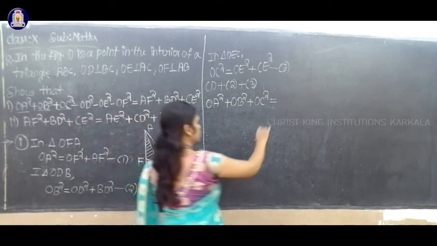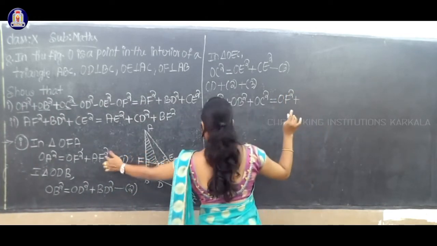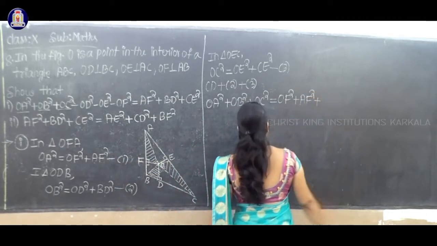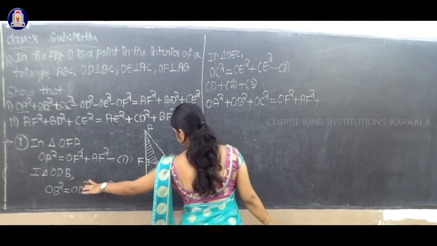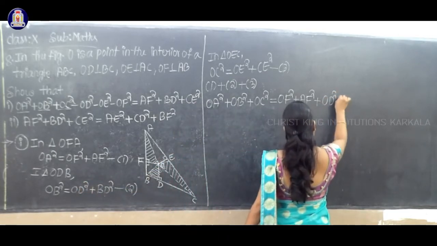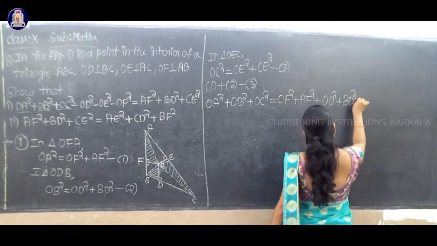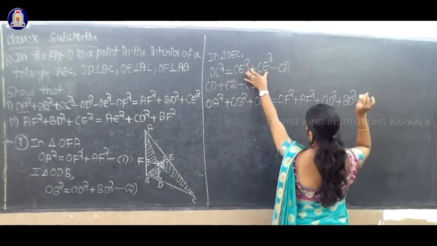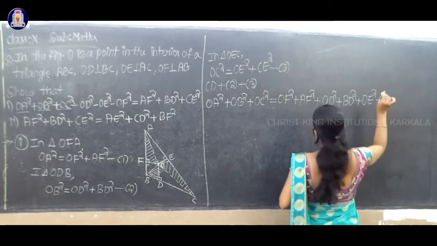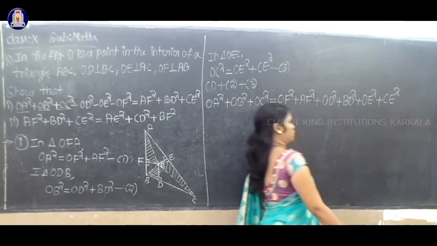OF square plus AF square, plus the right hand side of equation number 2, OD square plus BD square. Again, the right hand side of equation number 3, OE square plus CE square.